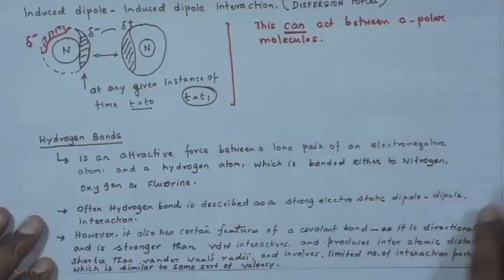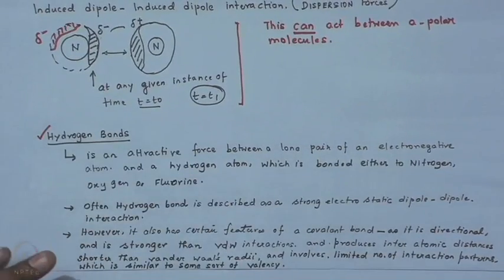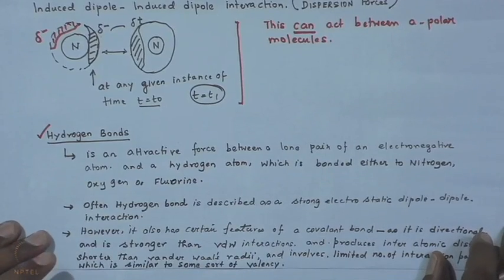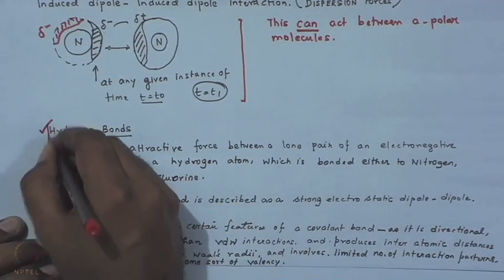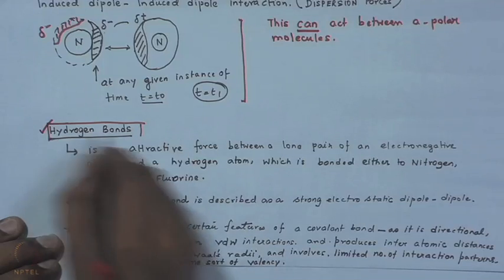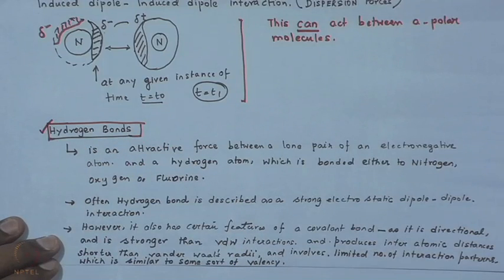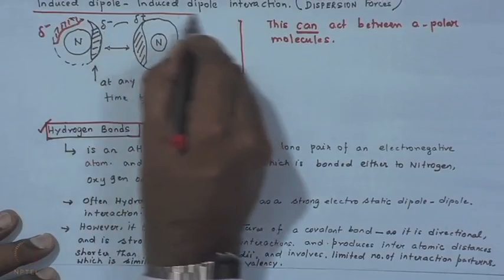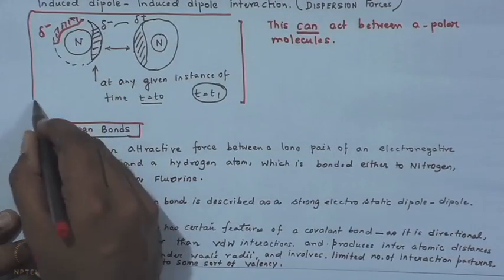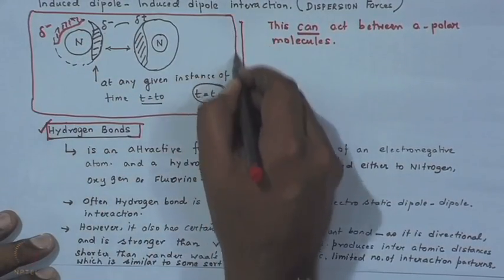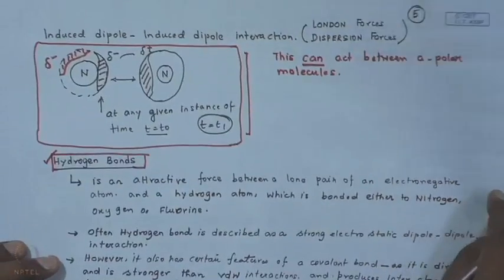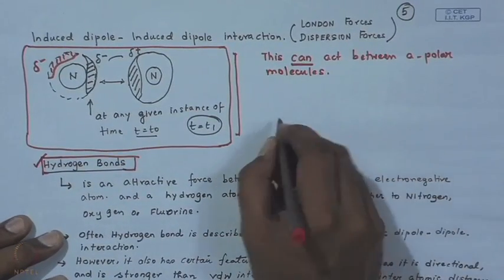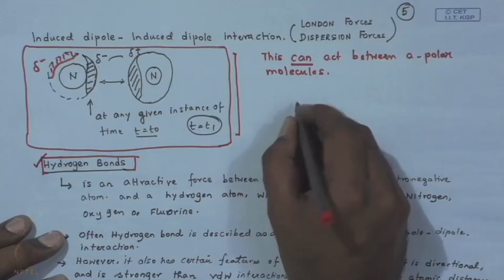This is just for your information, because hydrogen bonds are also very important in many settings, but what we need to understand is that strictly they do not fall into the category of van der Waals forces. So, to a large extent, since we will be dealing with polymers, we will be focusing on the induced dipole type van der Waals forces.